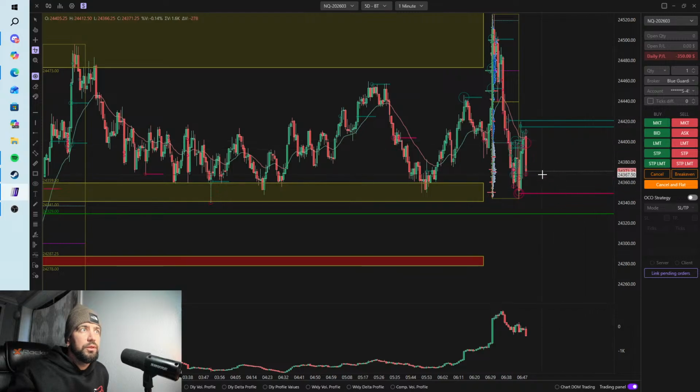So what we'll do here is if we see absorption down here, we can take it long above here, back up again. But we're getting aggressive selling, so I wouldn't want to take it long above here. So I want to see what happens when it gets to this area.